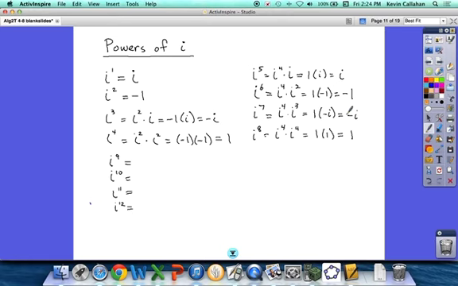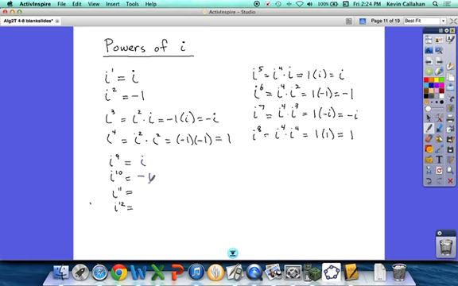The same pattern. What would we expect if we had i to the ninth? It's 1 more than i to the eighth, so it's i. i to the 10th is 2 more than that. It's like the 6 was, negative 1. You just follow the pattern.